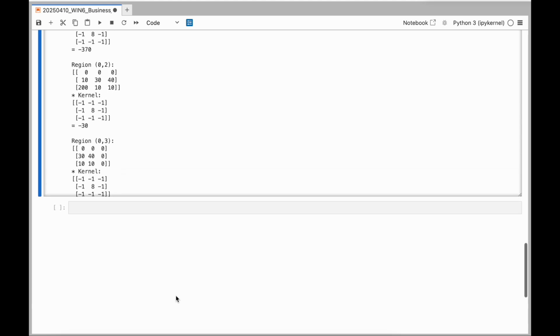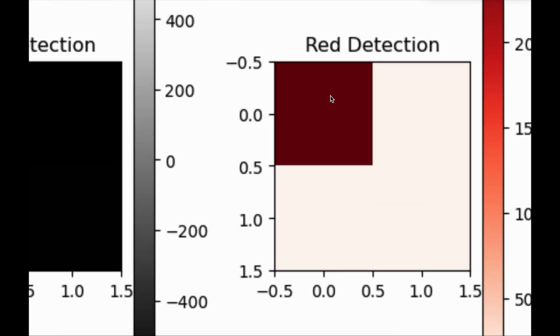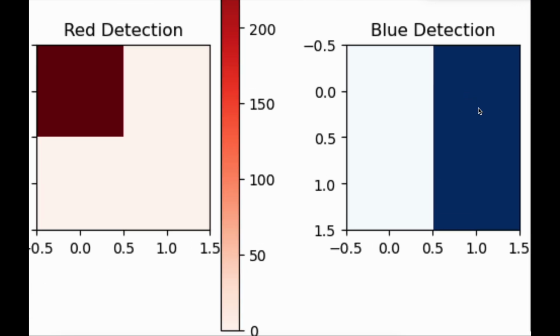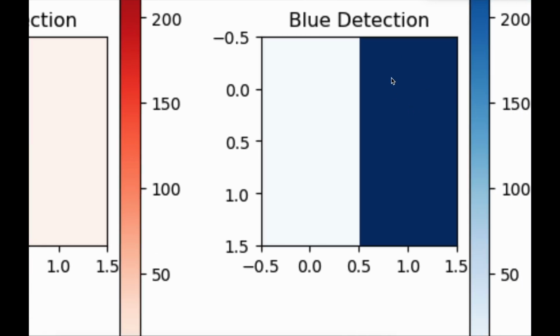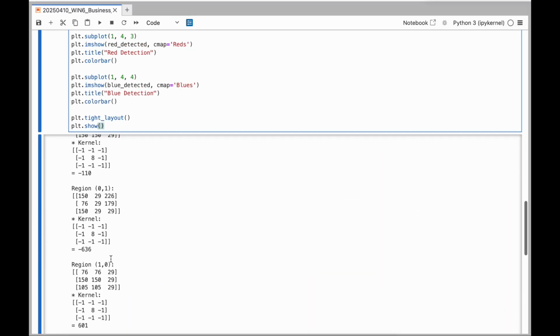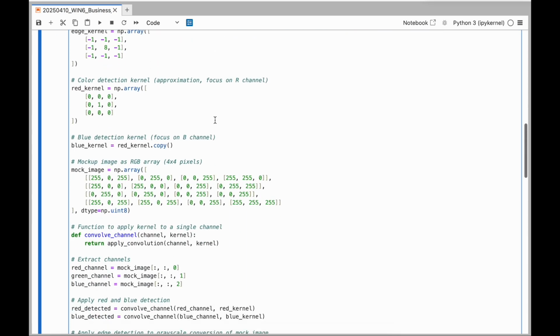What we see here is that in the first convolution we are detecting some red and not blue, that's why we see a red dot. In the second convolution, we're detecting blue, only on the second and on the fourth, so we see the dark blue and the rest is 0. So this is basically the little code that I wanted to share with you. Any questions?